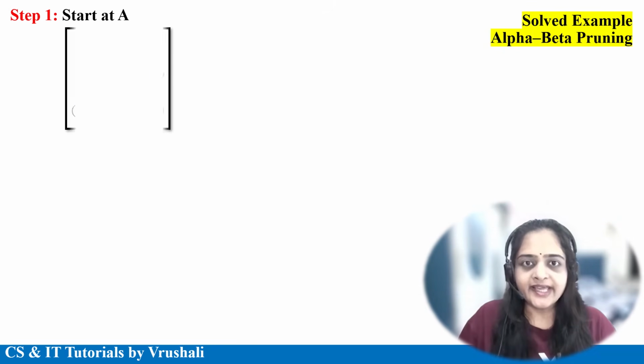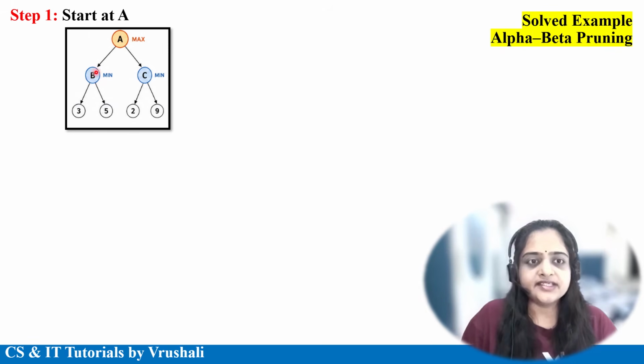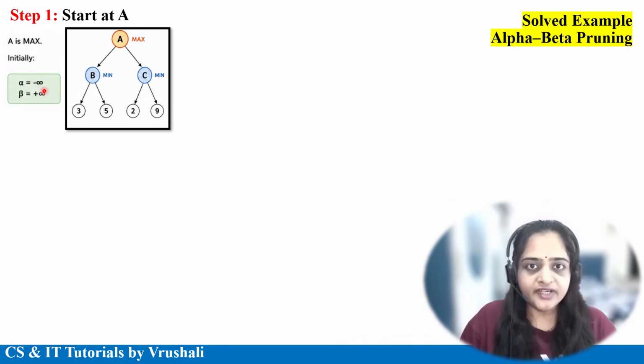Now let's understand the example step by step. See here, this is our given example. There are a total of 3 levels: level 1, level 2 and level 3. A is the root node and the root node is always max. Next level is min. Got it? Now initially, alpha equals minus infinity.